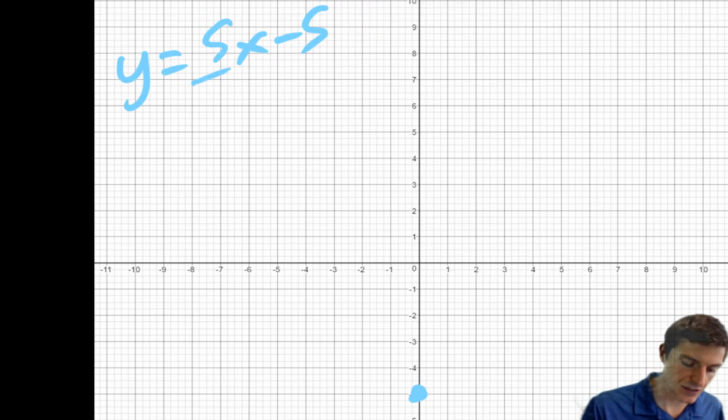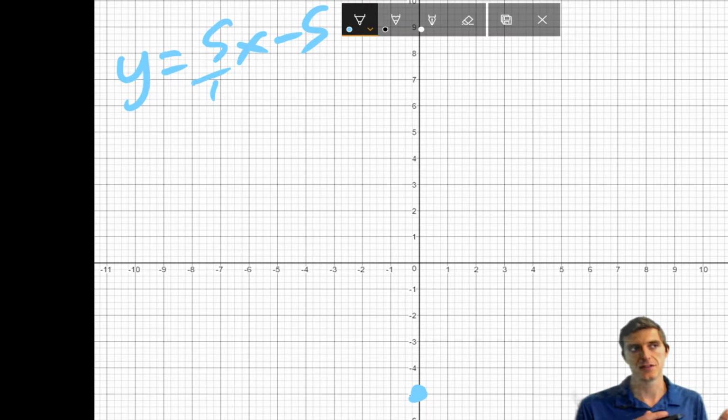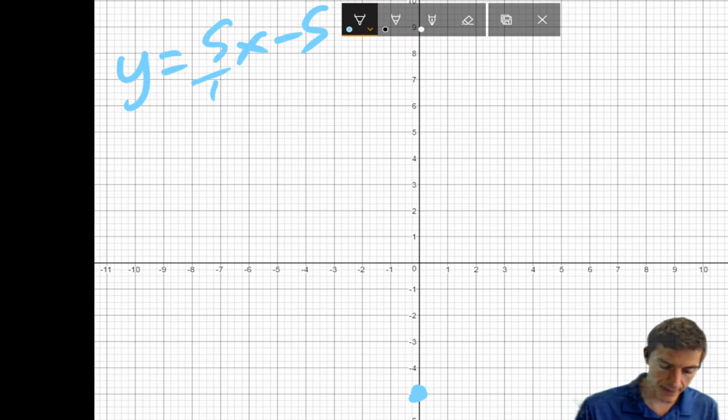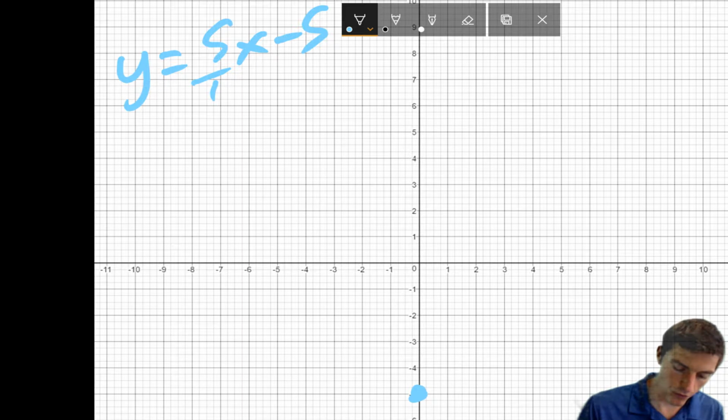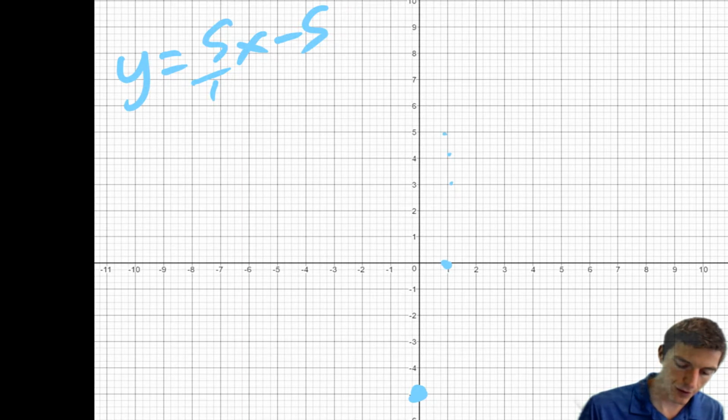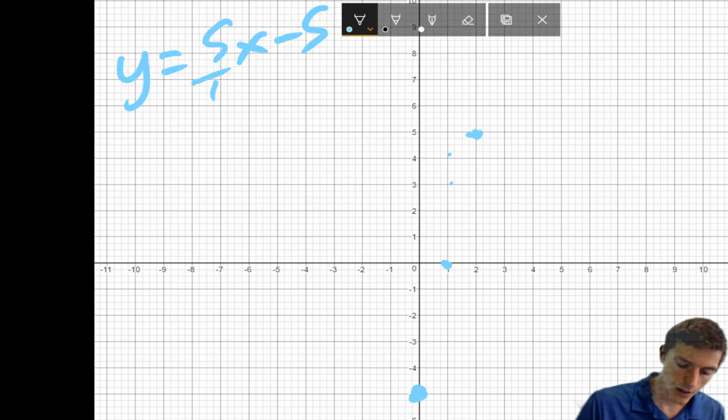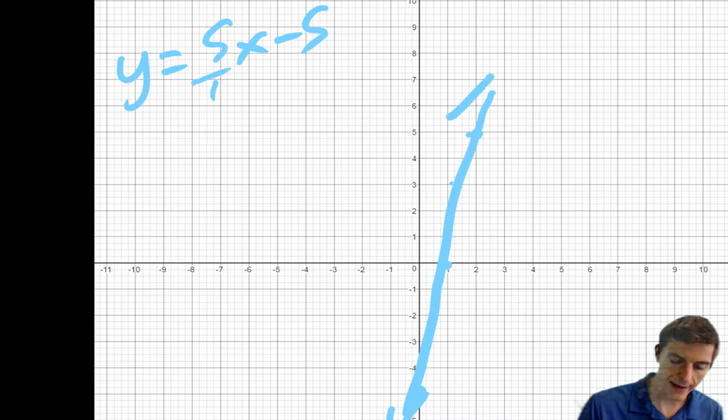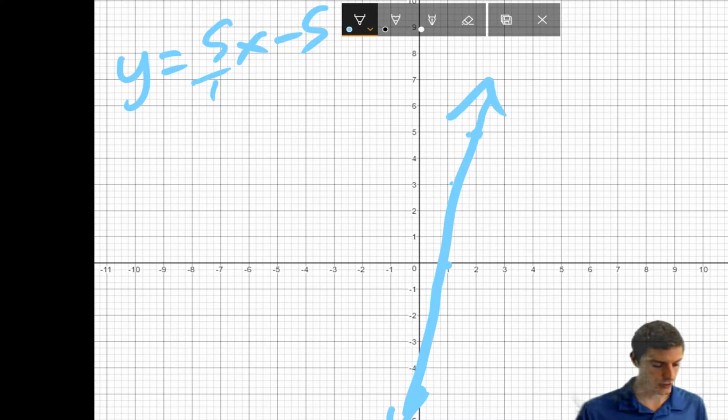My slope in this case is 5, which you can write as 5 over 1. That means I'm going to go up 5, 1, 2, 3, 4, 5, and over 1. Up 5 and over 1, like that. So we should get a line that looks something like that, except hopefully your line's straight.